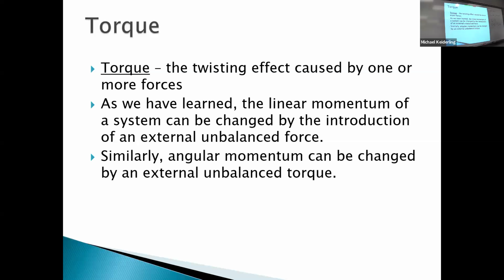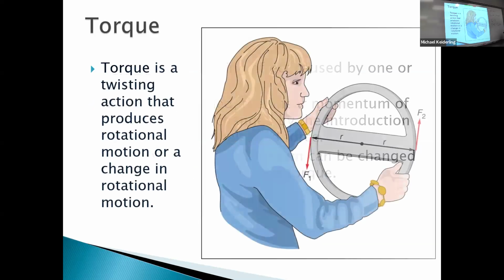Now, torque is relatively straightforward to calculate. It's this twisting action that produces rotational motion or a change in rotational motion. Like when you turn your steering wheel, you're applying a force at a radius. So in general, torque involves a force applied at a radius, like with a wrench.